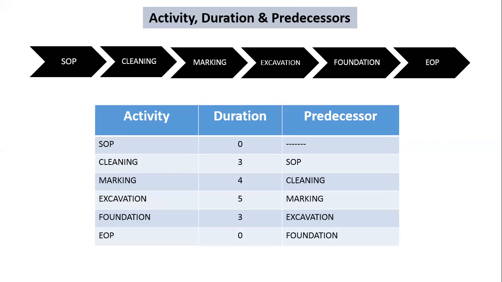If you are a mechanical engineer, there are many activities in commissioning of an equipment or structure. As we are discussing the civil aspects, here we have three beautiful words: activity, duration, and predecessors.